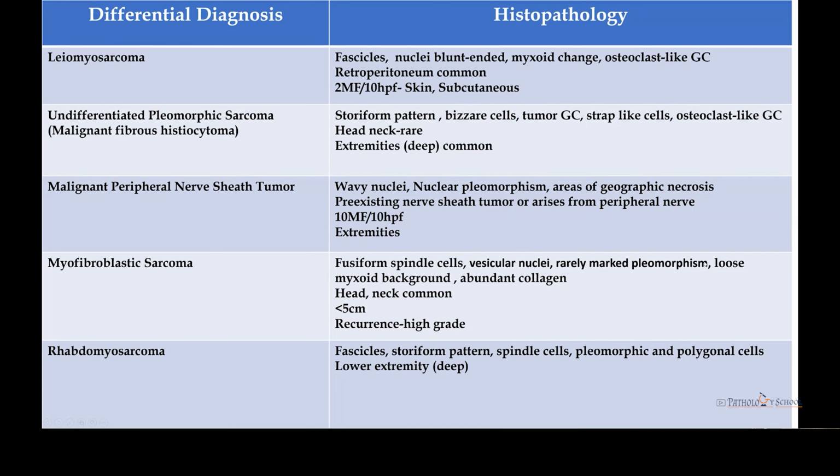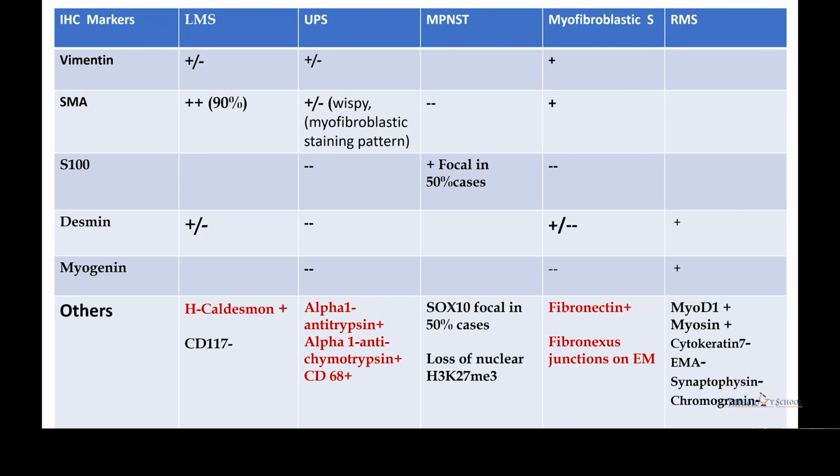So we ruled out MPNST and RMS on histopathology also, and we did not get an S100 positive, and myogenin was also negative in our case. So we were left with a leiomyosarcoma, an undifferentiated pleomorphic sarcoma, and a myofibroblastic sarcoma.